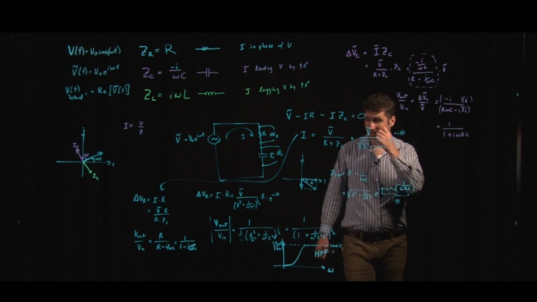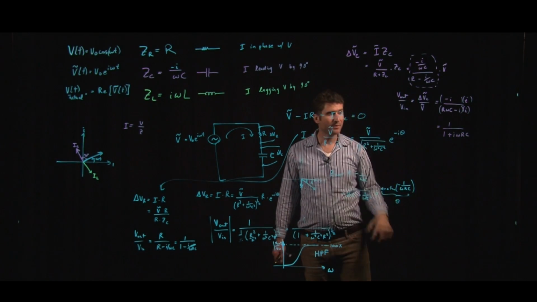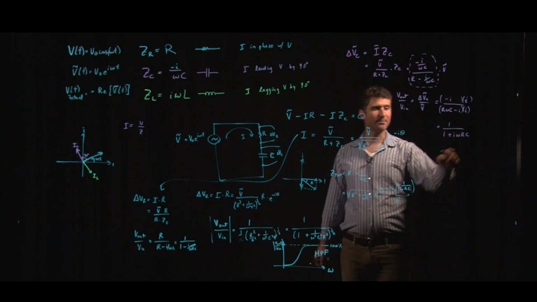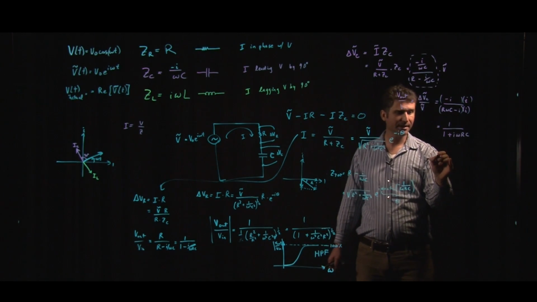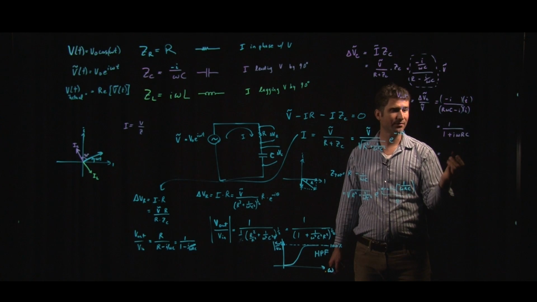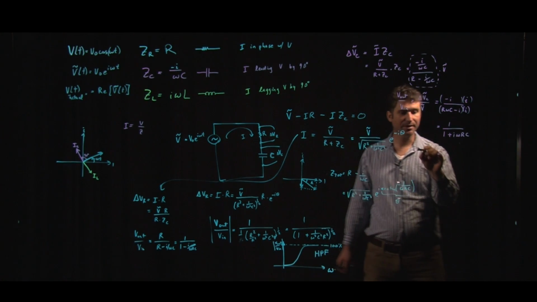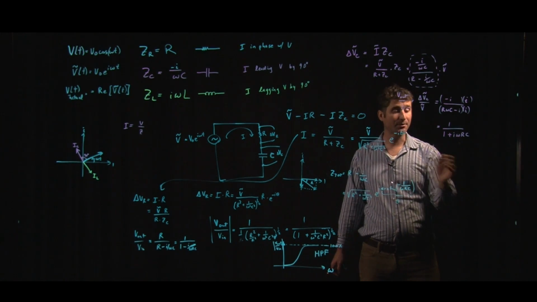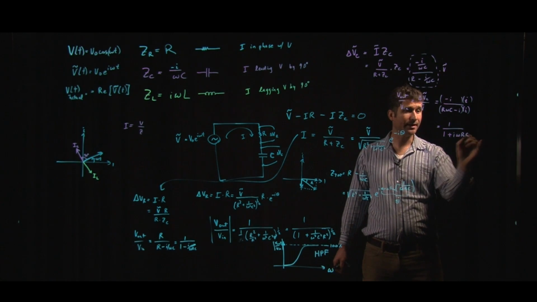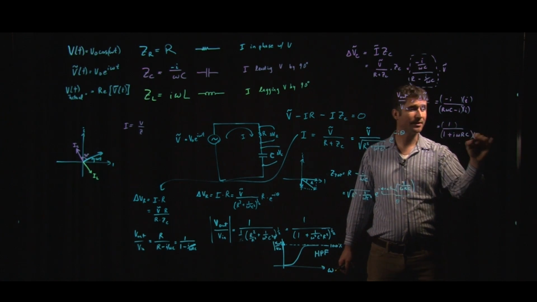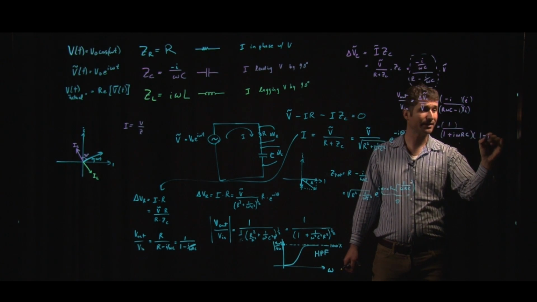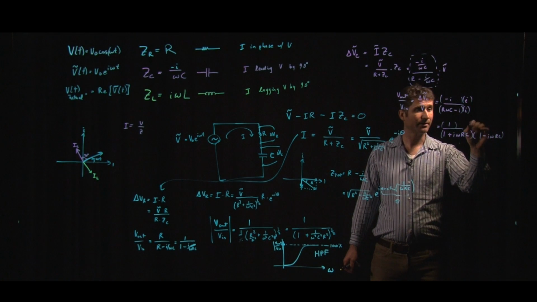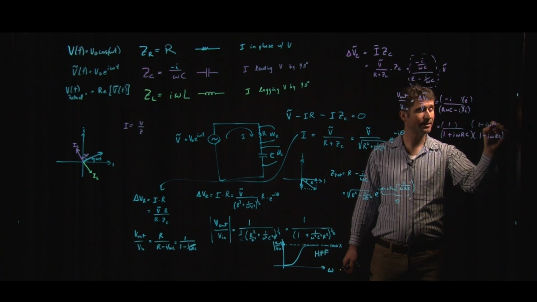So that's interesting. It looks like we have a similar type of expression here. And again, this is going to be my transfer function. And so if I wanted to take V out over V in absolute value here, then again, I could just multiply the top and bottom by the complex conjugate, so 1 minus i omega RC.